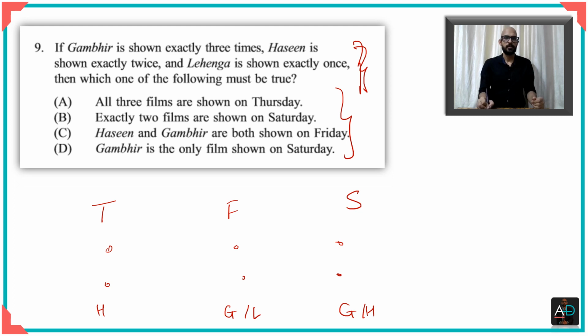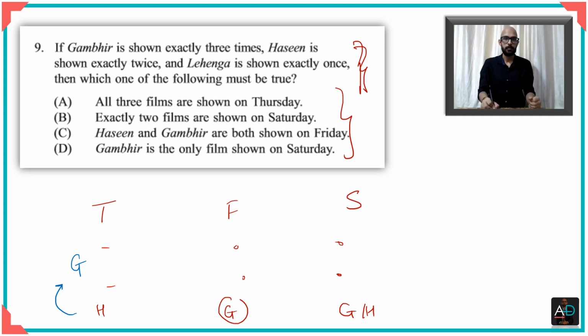Let us say I put Gambhir here on Thursday. I don't know whether it's the first position or the second position. All I know is that it has to be before Haseen because Haseen is the final one. Now I need to put Gambhir on Friday. Gambhir on Friday will have to be in the last position only because this will have to be either Gambhir or lehenga.